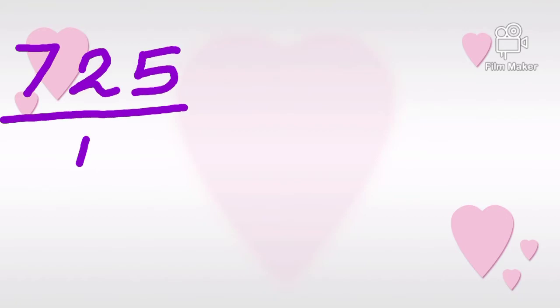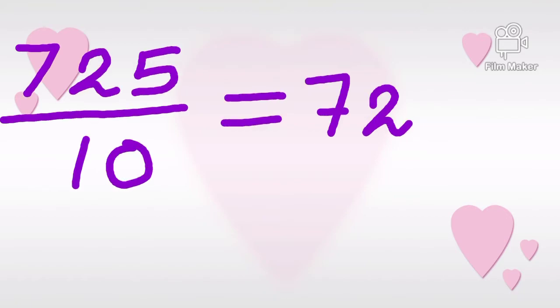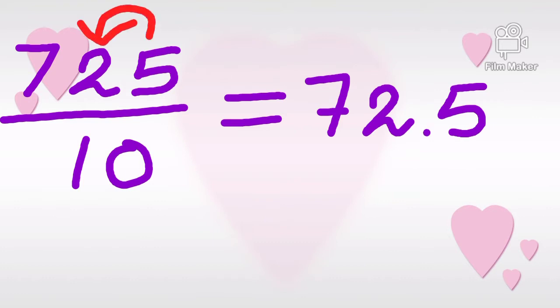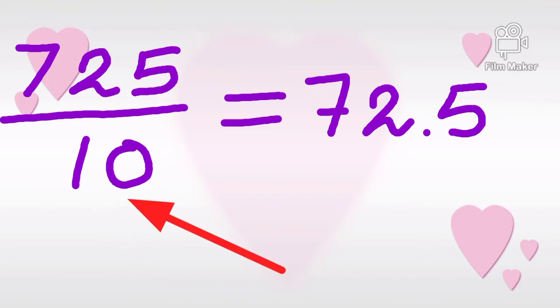Children, if there are more digits in the numerator than zeros in the denominator, then count as many digits from the right as the number of zeros and place the decimal point before those digits. Means, see, in denominator 10 is there, only one zero.